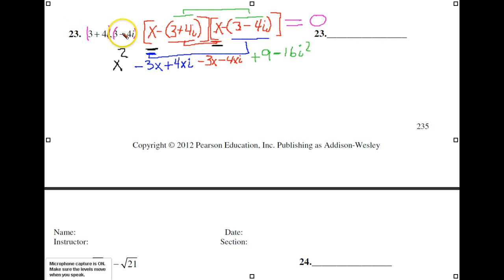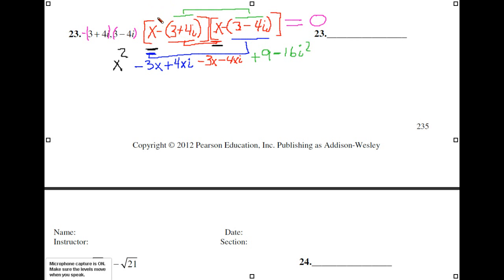And these are your answers. So it's going to be opposite signs. That'll be a negative, and this will be a negative. So it's going to be x minus this, x minus this. Here are your conjugates in there, your complex conjugates.